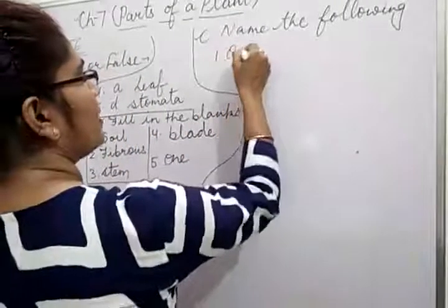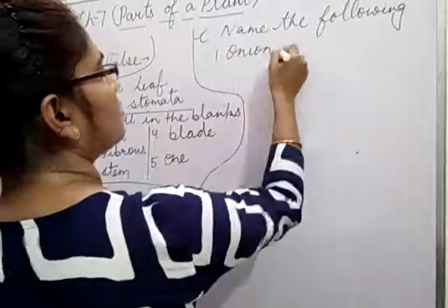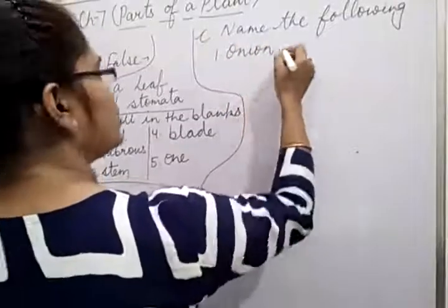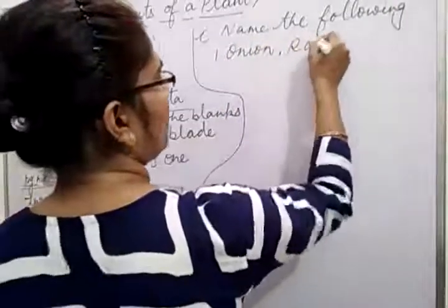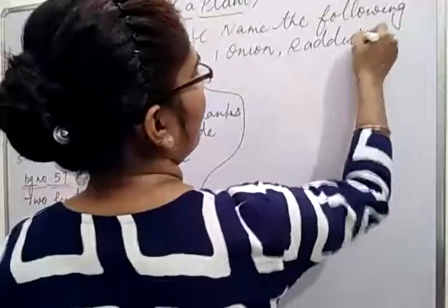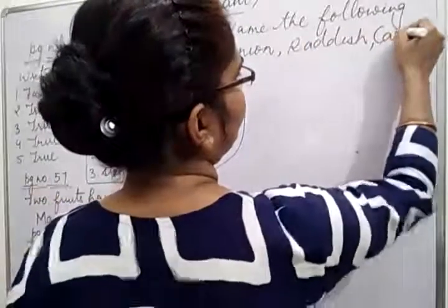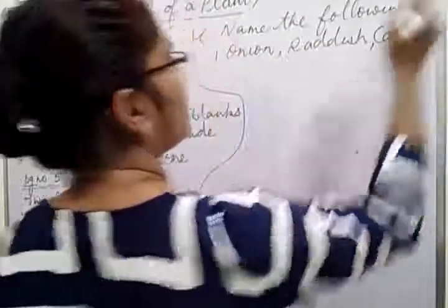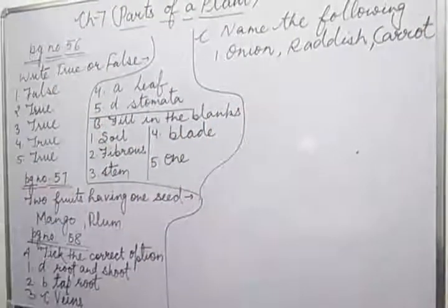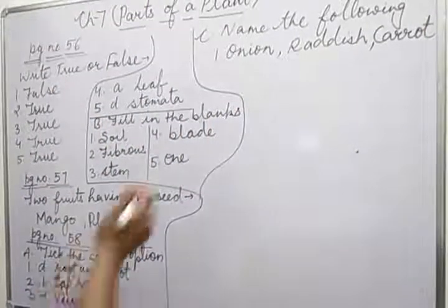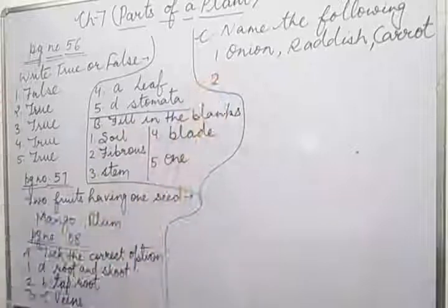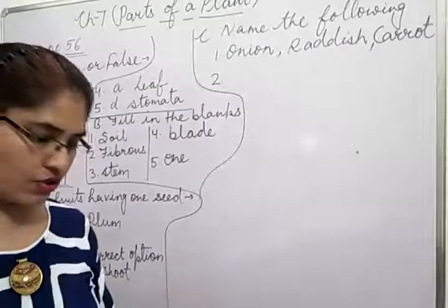That is, you can write down onion, radish and carrot. Onion, radish and carrot. Then second question, and write down the correct spelling, children.